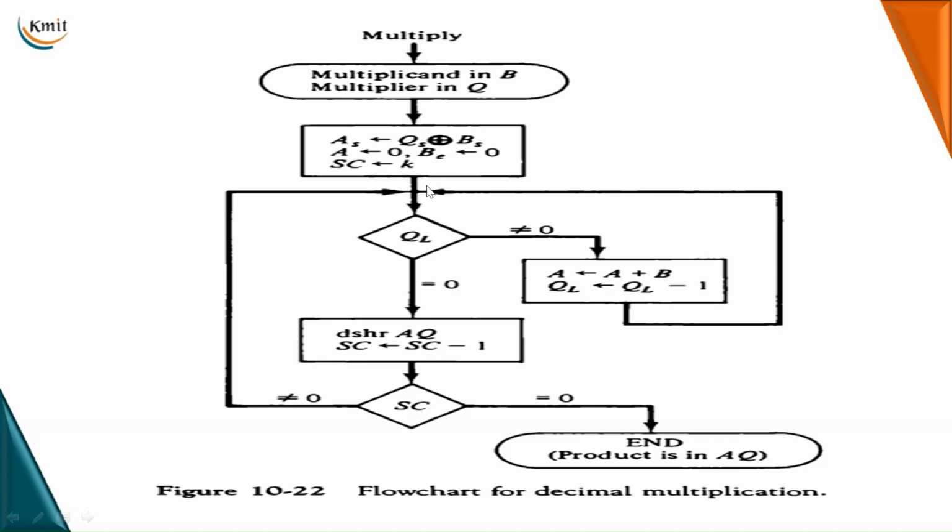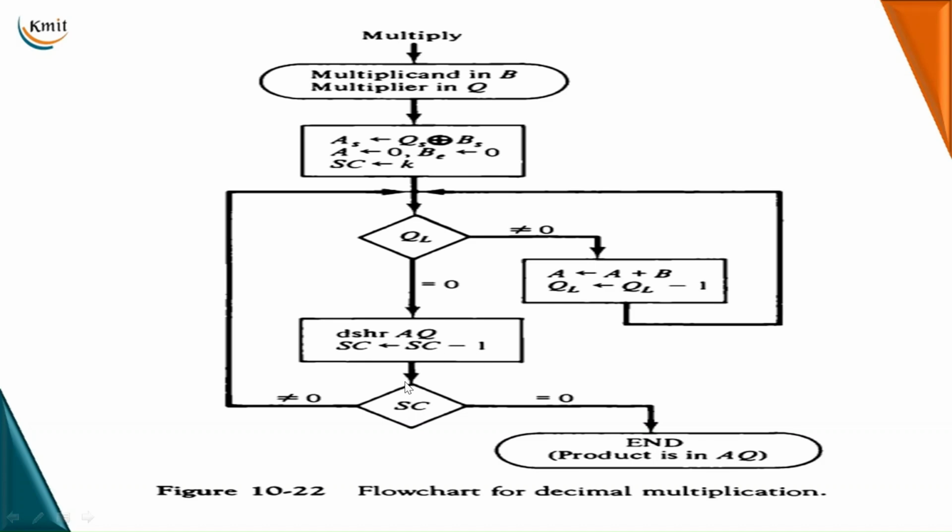If the next time QL is not equal to 0, again you continue this process and decrement the value of QL. Next time again you check. Let us say at this time QL is 0. Whenever QL reaches 0, you perform a decimal shift right operation on the contents of A and Q registers and decrement the sequence counter by 1.